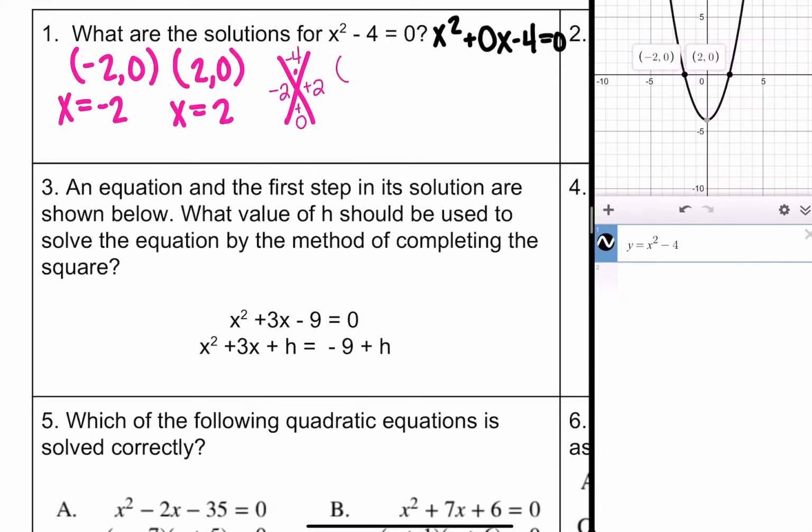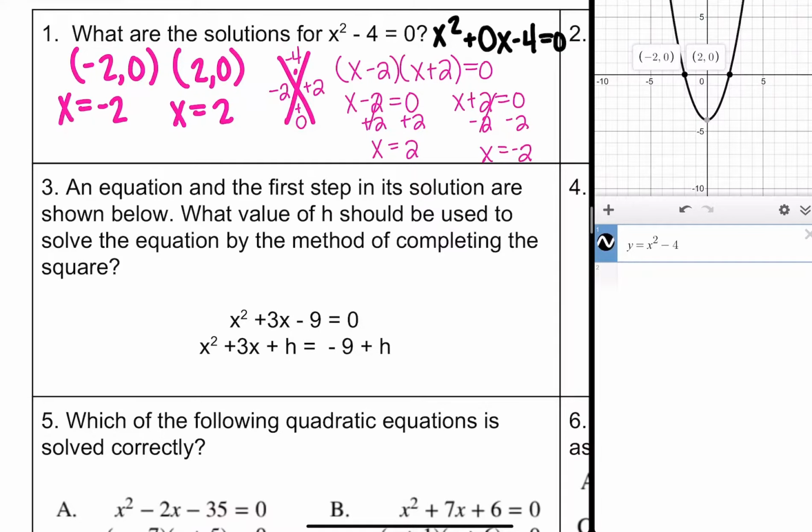So your factors are x minus 2 and x plus 2 set equal to 0. And then you set each factor equal to 0 and solve for x. So those are your two solutions.